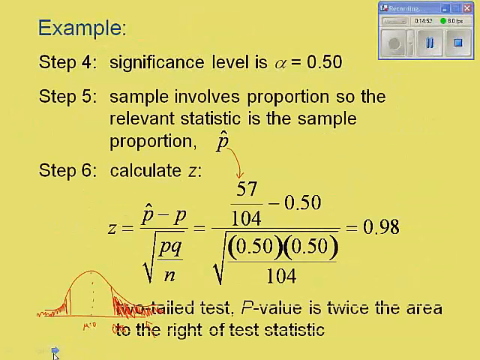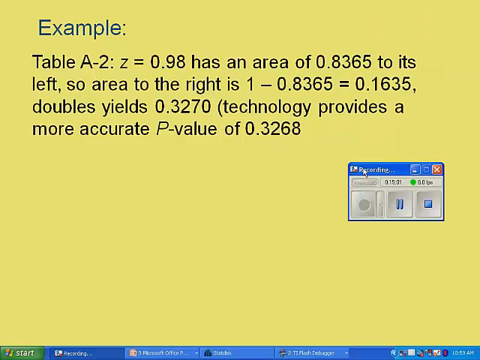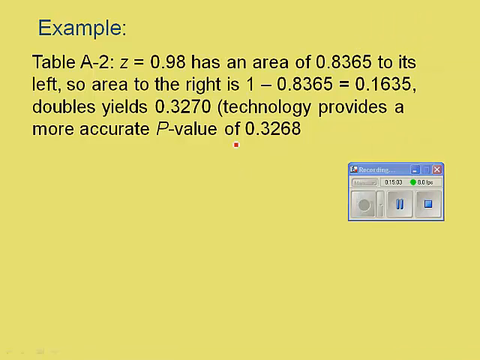We go through this and we say, okay, we have a two-tailed test. Here, let's do it this way. If I did normal CDF of 0.98 comma, say 10, I would get 0.1635.